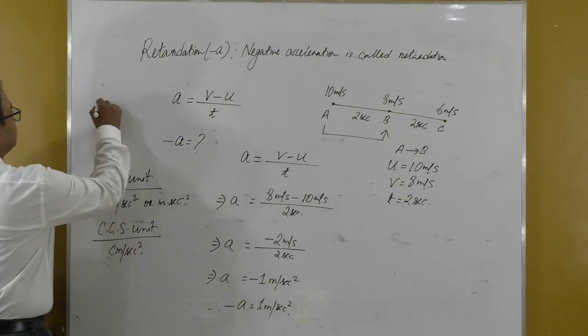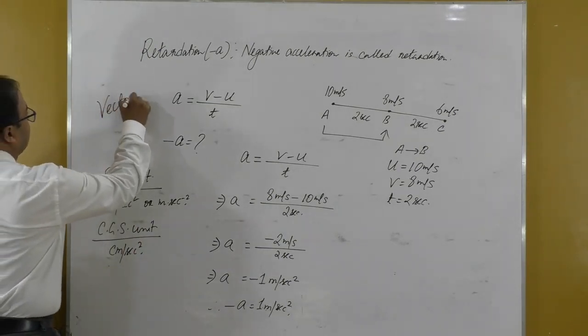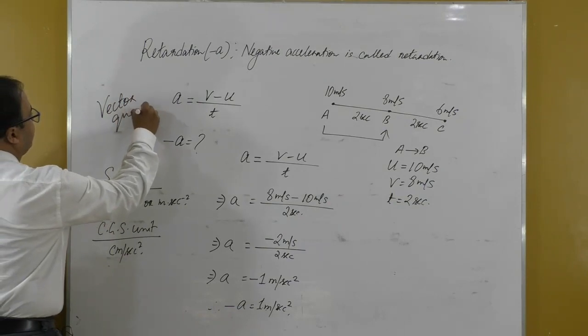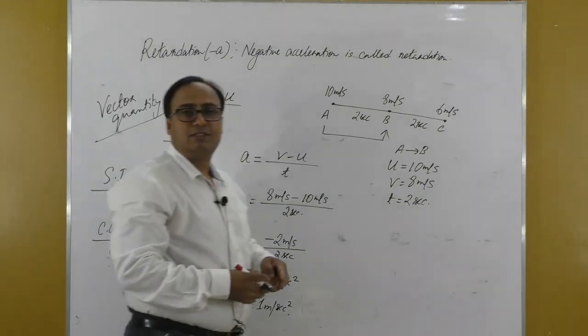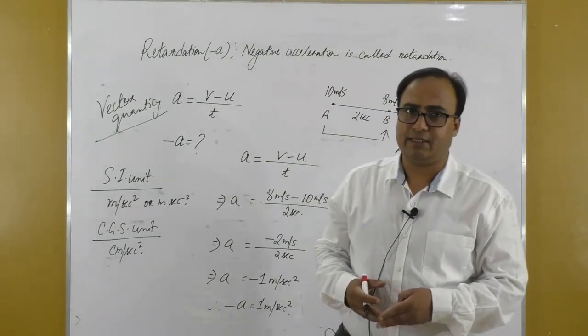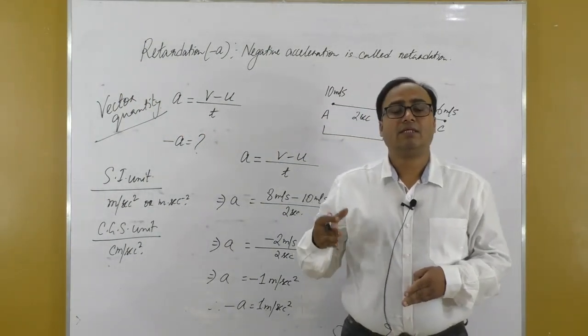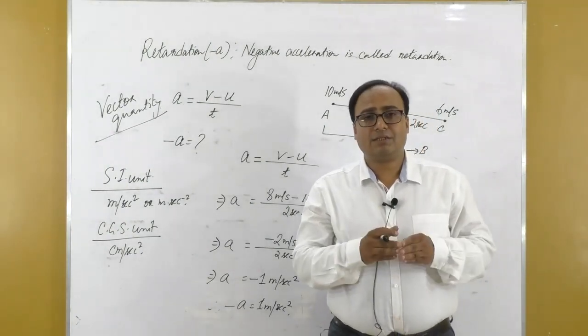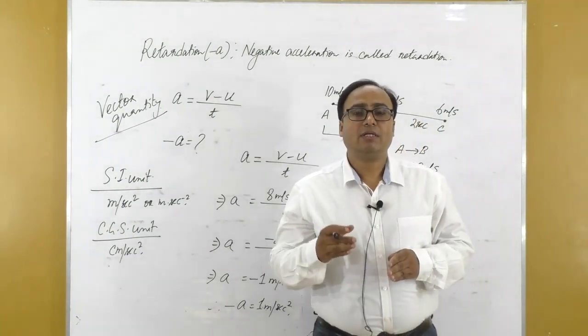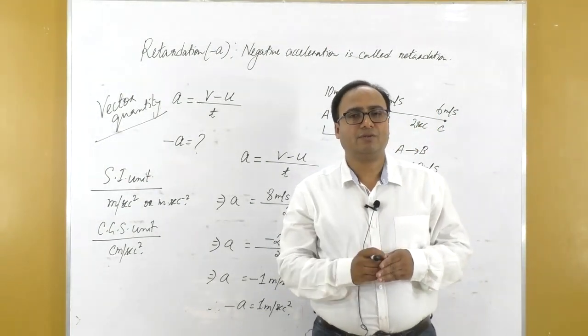And retardation is also a vector quantity, since it is also change in velocity by time taken. But here velocity keeps on decreasing with respect to time, whereas in acceleration velocity keeps on increasing with respect to time.